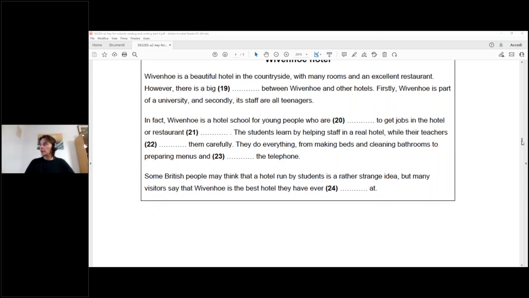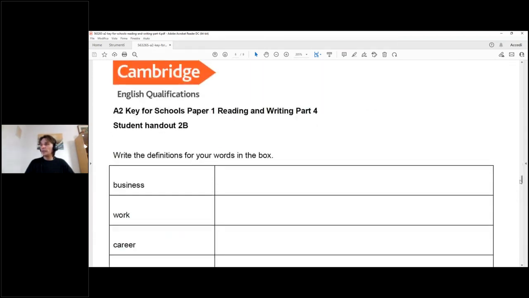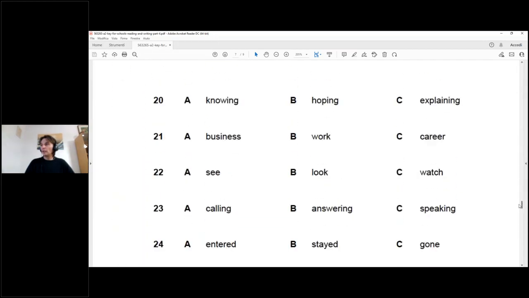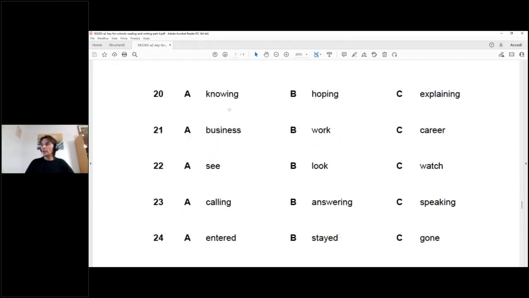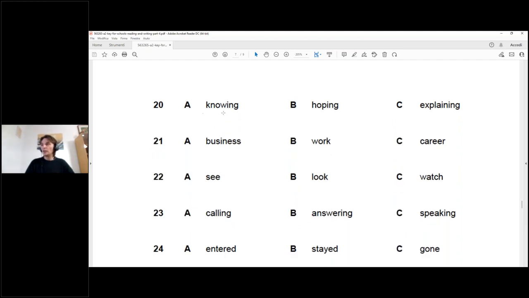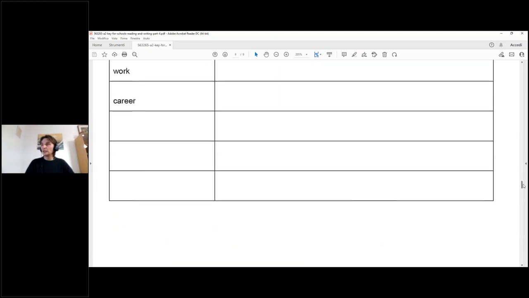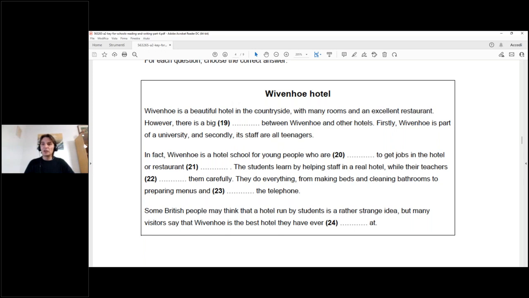In reality, you have some hints or some ideas here. So if you look at page 7, there are some hints, dei suggerimenti, hints. For example, 20, knowing, hoping, explaining.